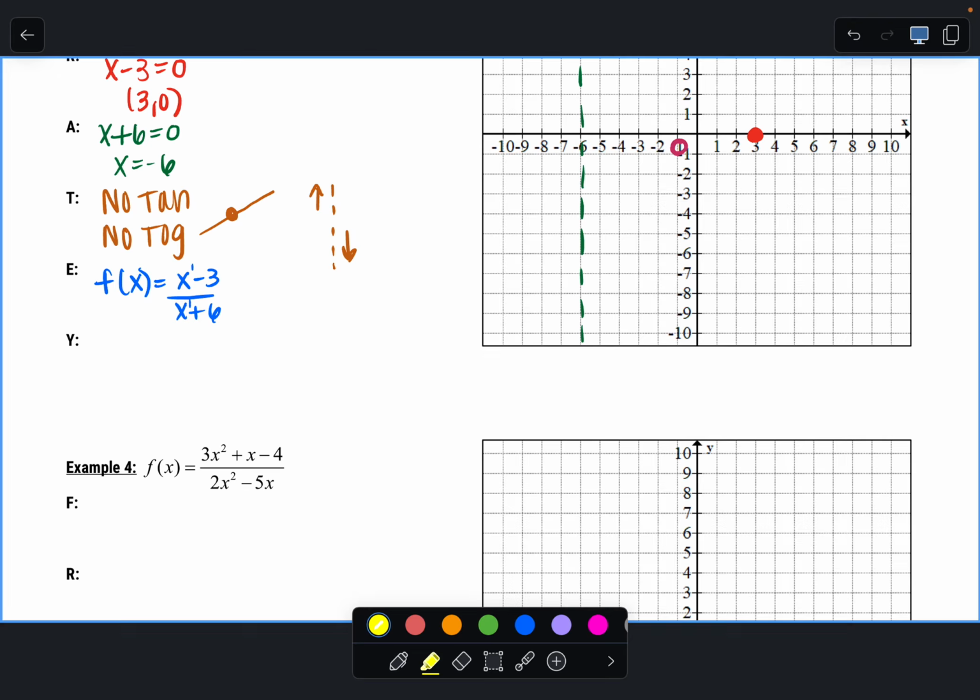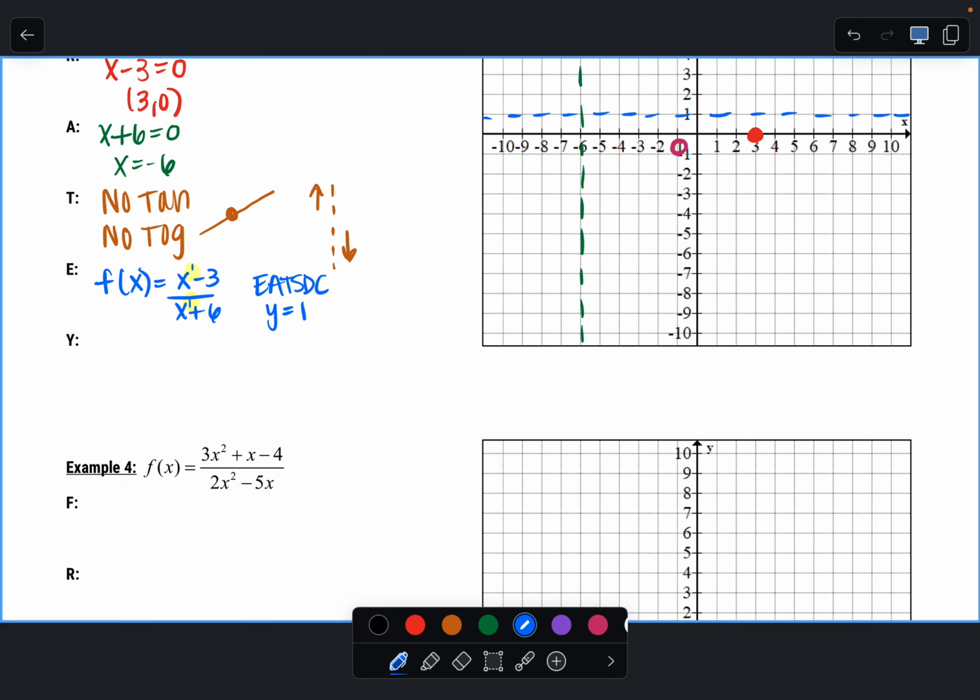Sometimes we'll do the bigger on bottom, but that's a little less popular. Same exponent, same coefficient. So my end behavior is going to be a horizontal asymptote at y equals 1. And this one I'm going to draw all the way across because I don't have a middle section that I have to worry about. All the way across my graph.